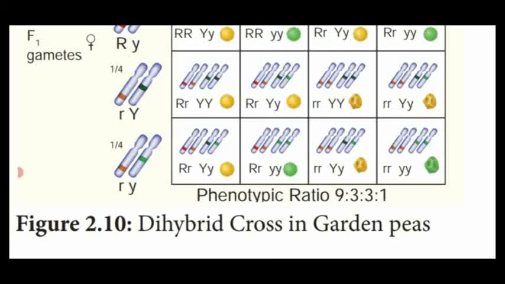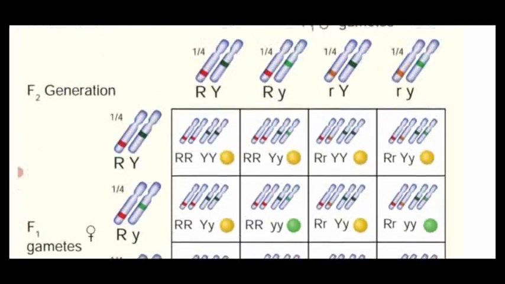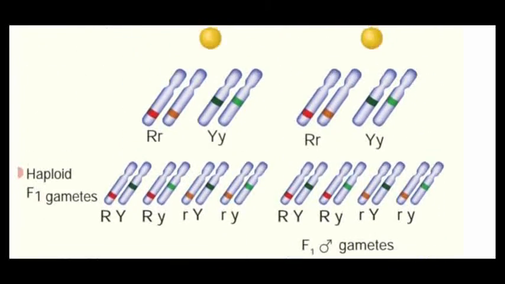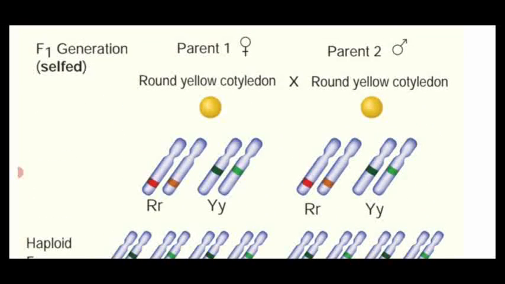One is yellow wrinkled, and the other is green round. That is the newly formed recombination, which proves the law of independent assortment with the help of the dihybrid cross.